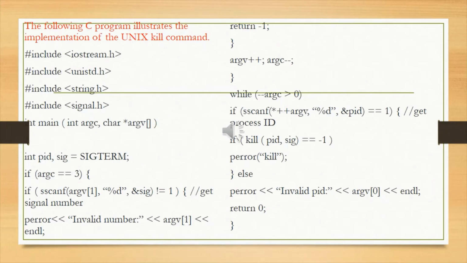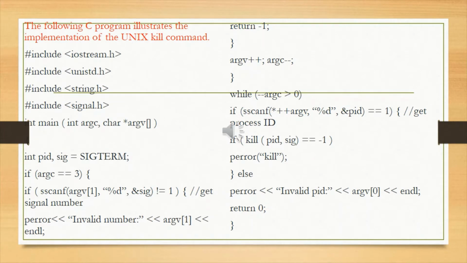The following program illustrates the implementation of the kill function or kill API as a Unix kill command. Here it includes different header files: iostream.h, stdio.h, unistd.h, string.h, and also the signal.h header file. The main function returns an integer type value, with an int argc argument and a character argument array argv. The signal SIG is assigned the value SIGTERM, that is, signal term.